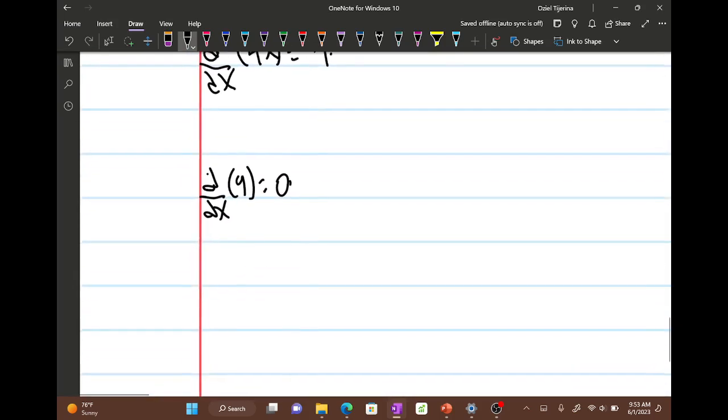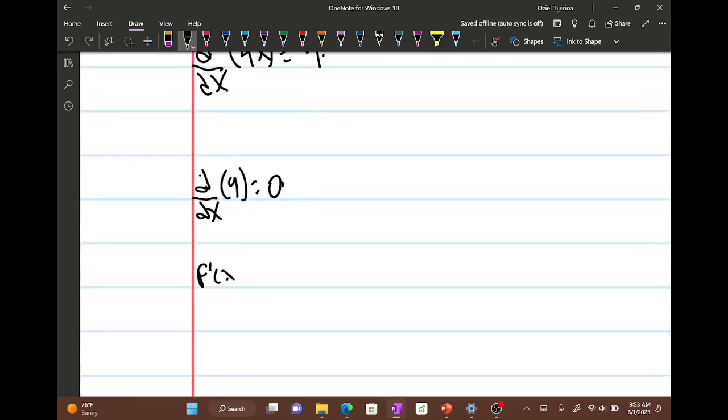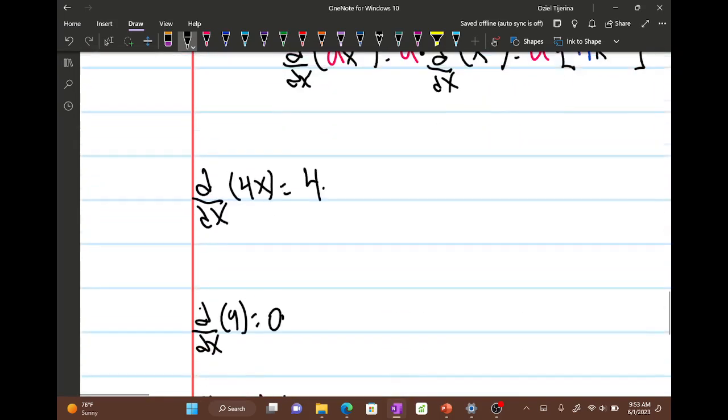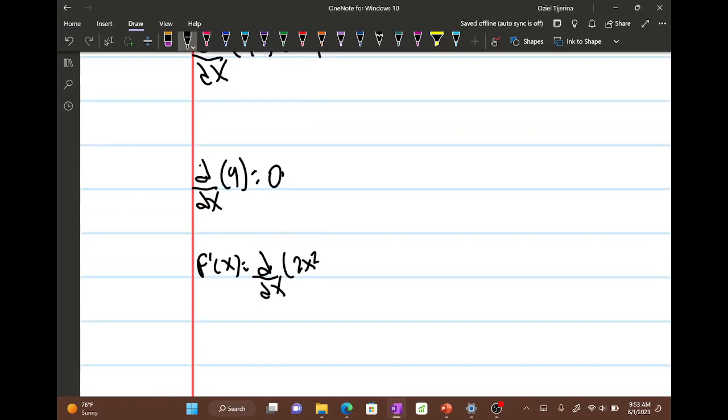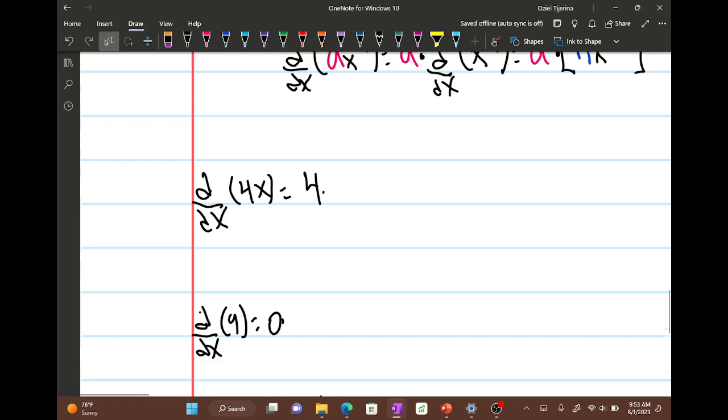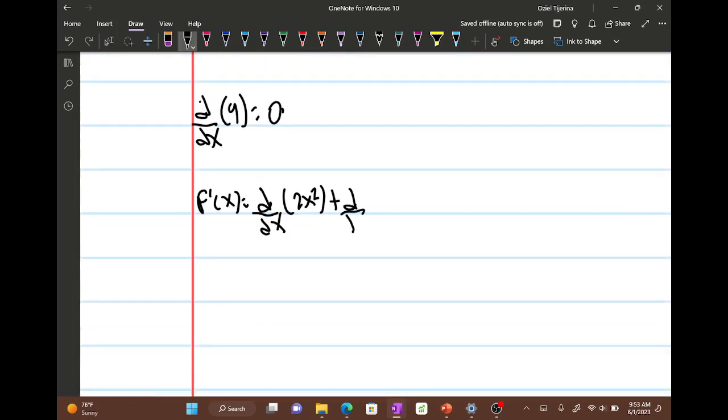So f prime of x, if we put it all together, is d dx of 2x squared plus d dx of 4x minus d dx of 9.